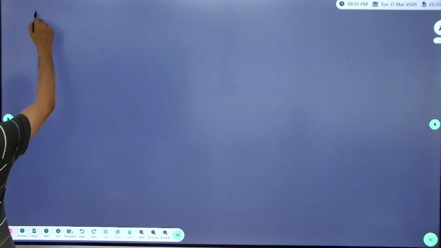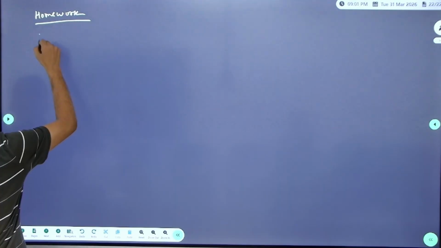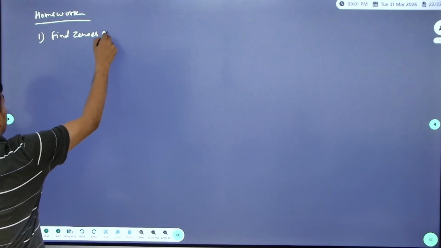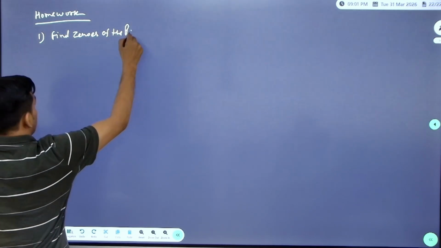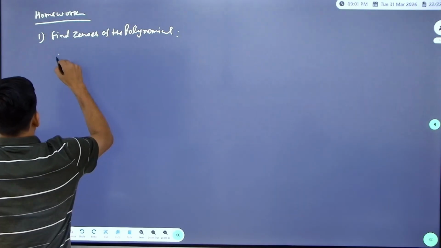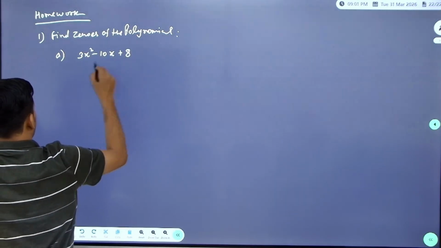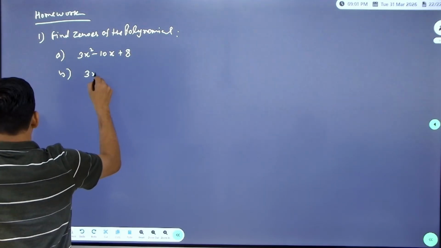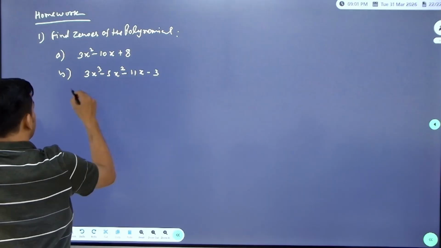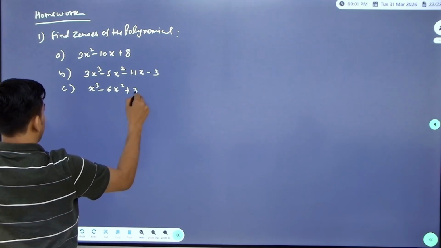So the homework is: find zeros of the polynomial 3x square minus 10x plus 8, 3x cube minus 5x square minus 11x minus 3, x cube minus 6x square plus 3x plus 10.